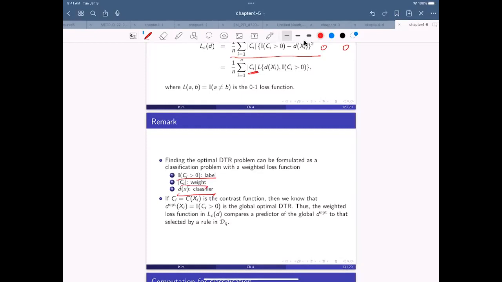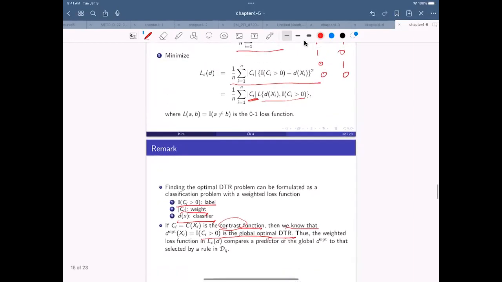Okay, and the loss function is the natural 0 1 loss function. And if you know the true contrast function, we know that, given the true contrast function, this is the global optimal DTR.